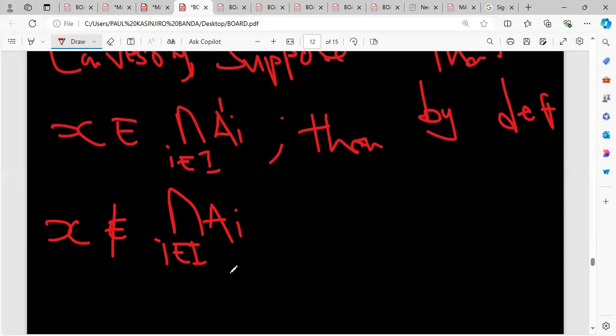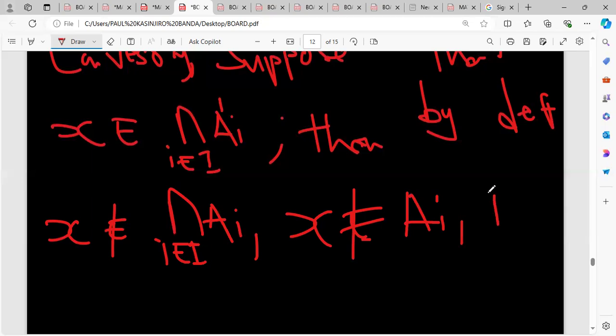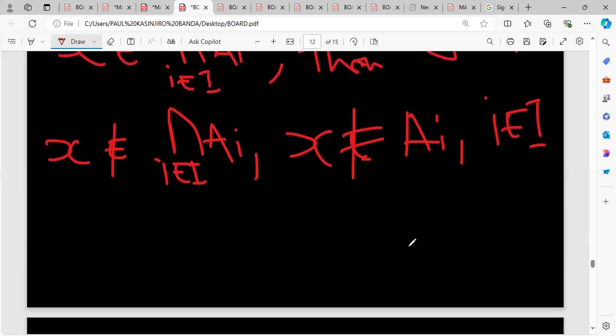And then by the intersection definition, we know that if X is not a member of this intersection, then it means that X is not a member of this AI or other I's in the indexing set. We know that this is true, right?